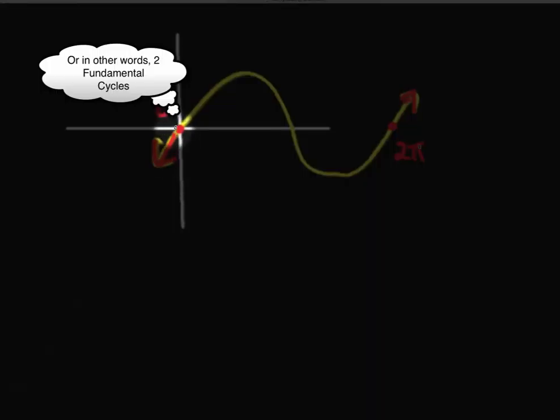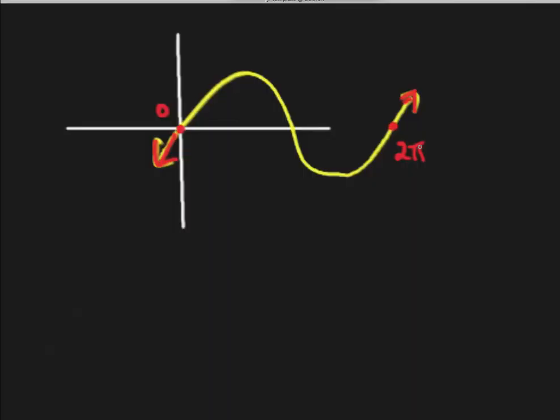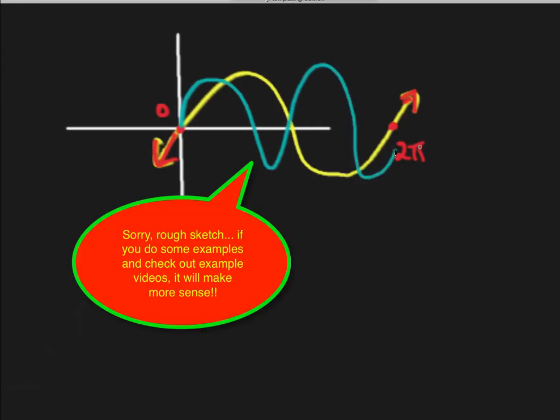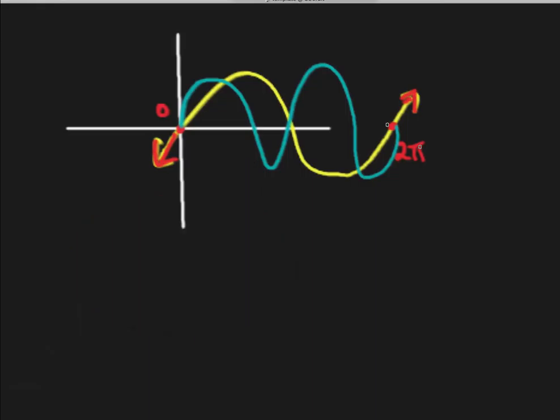So, let's say the frequency is 2. That would mean there would be 2 complete sine graphs in the distance of 0 to 2 pi, where there would normally be 1. Okay, so it would look something like this. That's a rough sketch, pardon the inaccuracy, but it still would go in either direction following that pattern.